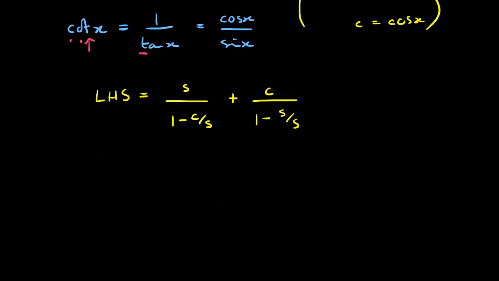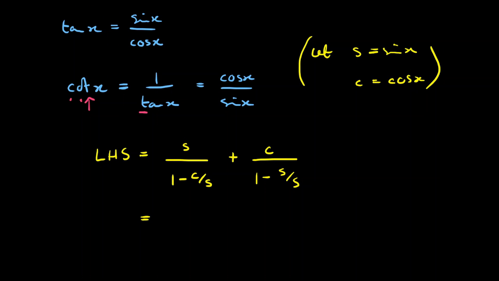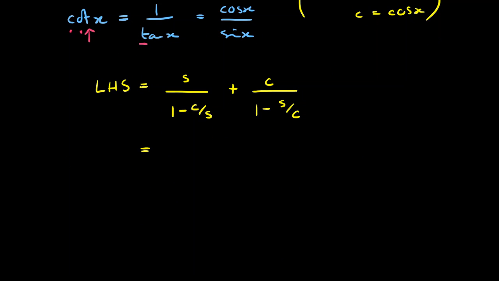Okay. All right. Now, what I'm going to do is I want to get rid of these fractions on the bottom. Oh, sorry, I miswrote that, right? That's sine divided by cos. Okay, sine divided by cos. If I want to get rid of the fraction on the bottom, then for this guy, I'm going to need to multiply top and bottom by sine, right? So I'm going to take this guy, multiply the top by sine, and multiply the bottom by sine.